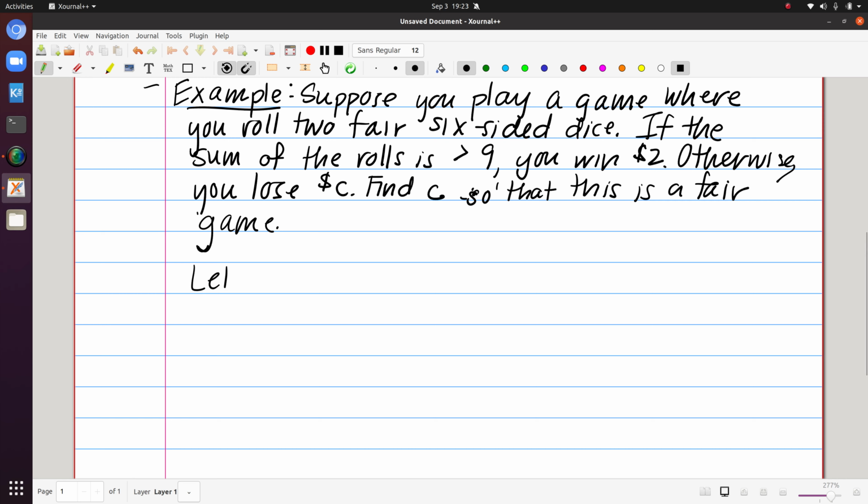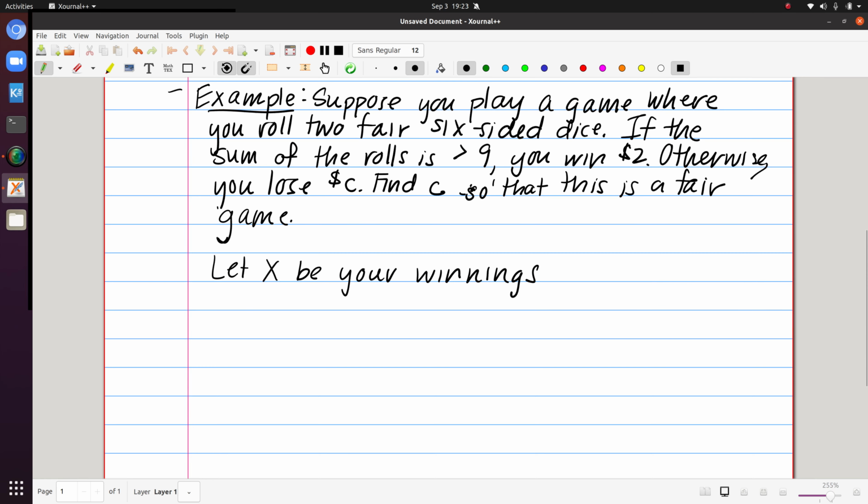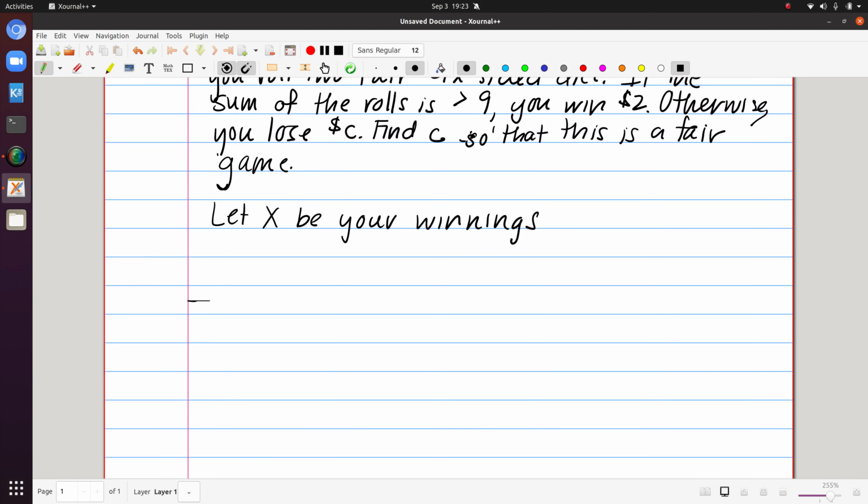So let's let X be your winnings. So that's the random variable of interest. And in particular, it's the expected value of X that I want to be equal to 0 in order to have a fair game. Now, when I refer to X, I'm a little bit more clear on what that is.